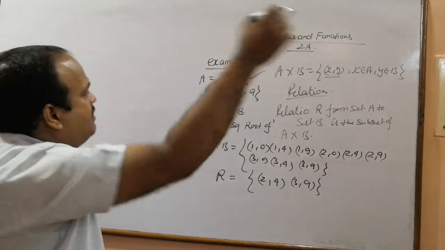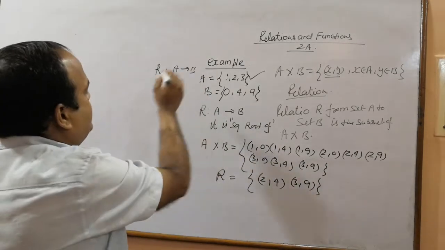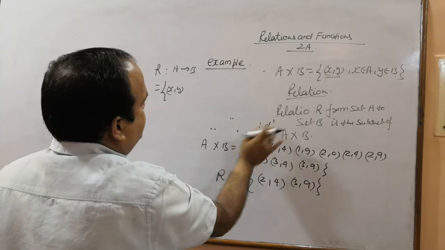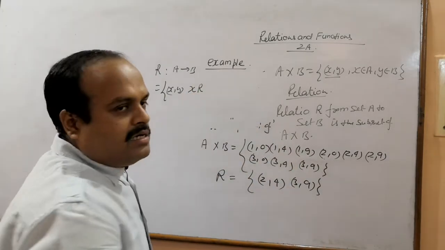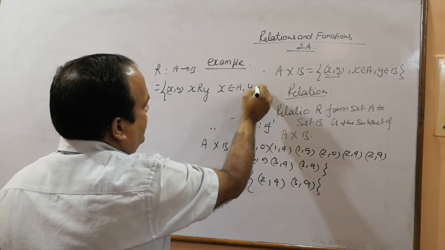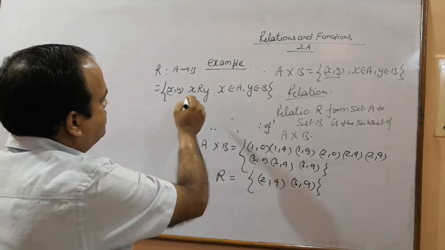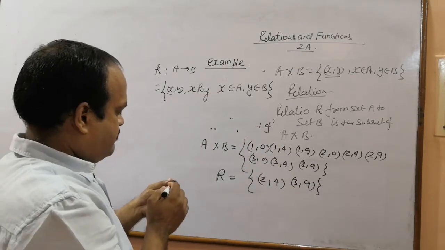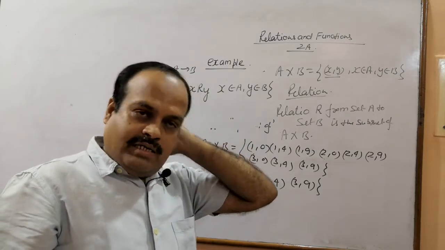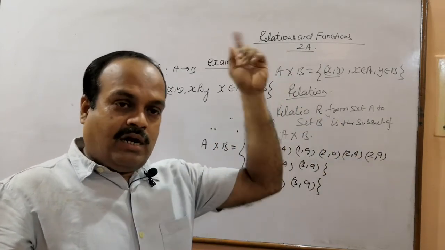So we can define this relation R from set A to B as the ordered pairs (x, y) such that x is related with y, where x belongs to set A and y belongs to set B. In every element of that relation R, the first entry should have the relation with the second entry on which the relation is defined.